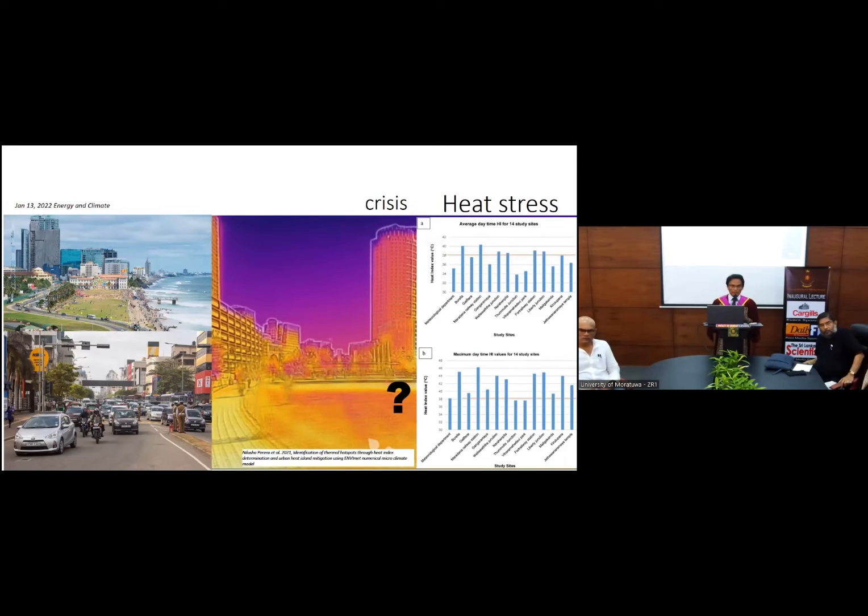For example, if you take the city of Colombo, in a tropical country, you can see white clouds always. That means we have diffuse radiation everywhere. And thermal images of the city demonstrate the severity of this issue. Some of the research from the National Building Research Organization shows that the heat waves in most of the sub-towns in Colombo city are well above the recommended levels.